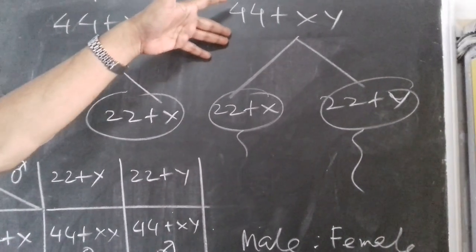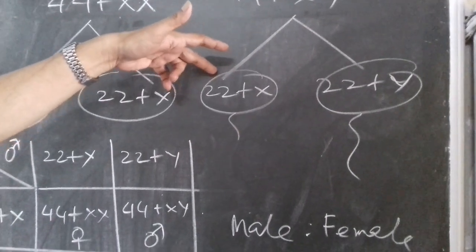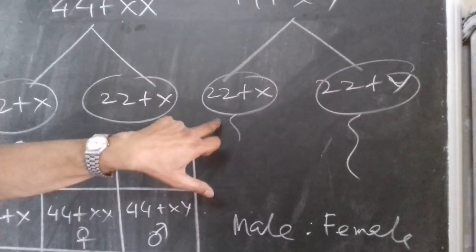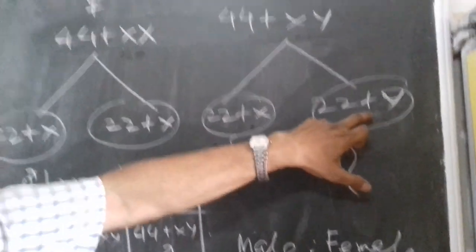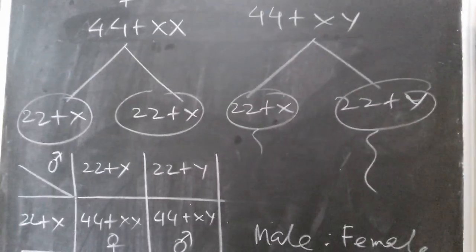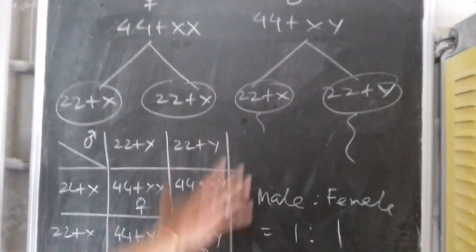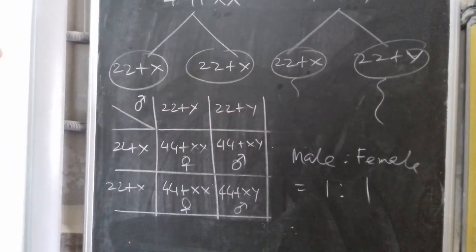Similarly, when meiosis takes place in the testis, the sperms have either 22 autosomes plus X or 22 autosomes plus Y. So these are the two types that we can get in the division of autosomes and sex chromosomes.